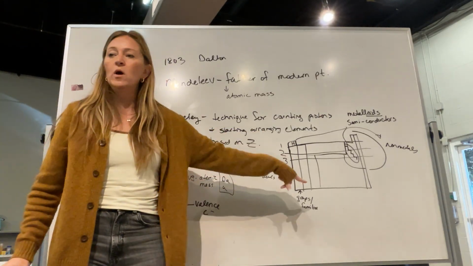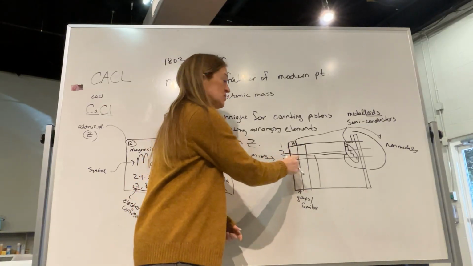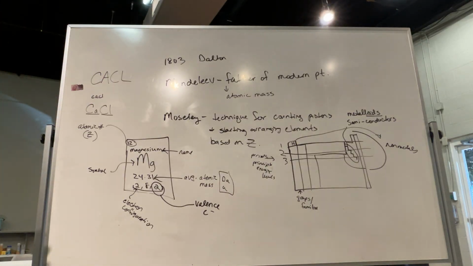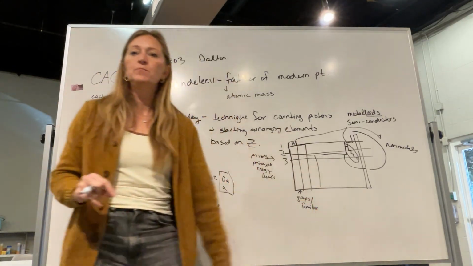Hydrogen is placed here because group 1 has hydrogen, lithium, sodium, potassium, and hydrogen has the most characteristics of those group 1s. It acts most like a group 1.